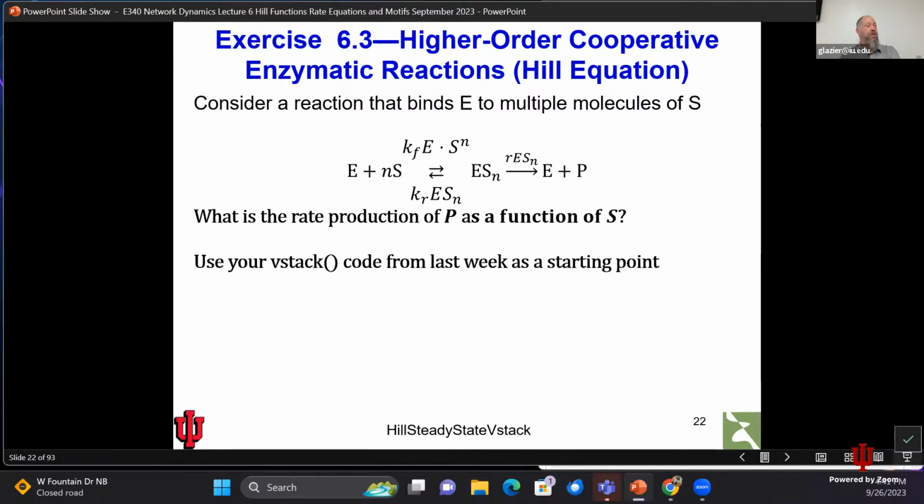And that's what I wanted you to do now. This is what we were doing just at the end of class the last time. What I'd like people to do is to take their code, that Michaelis code that I just showed you, and change it now to replace the rate Kf E times S with Kf E times S to the N. It's up to you whether you have the stoichiometry, the E plus N times S, in there or not.